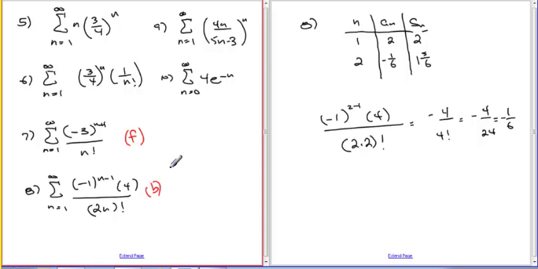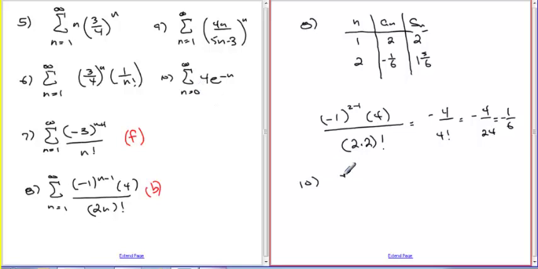So what do we have left? We have A and E, which one starts with 4 and one starts with 2. So we probably can tell which ones those are. So when n equals 0 for this one, if we look at number 10, which is the summation from n equals 0 to infinity of 4 times e to the minus n.